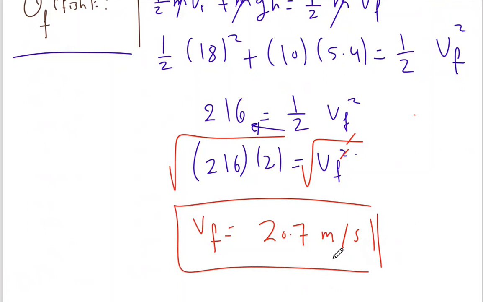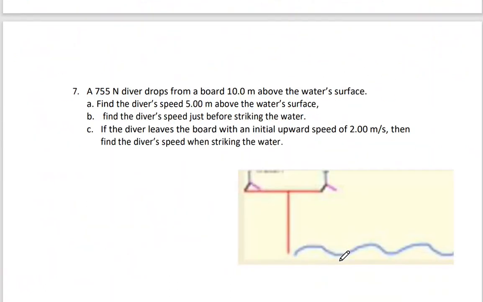Okay, now the last question I'm going to solve is this one. Here we have 755 newtons, diver. Newton is a unit of force. So this is the weight of this man, the weight of the diver, this man standing here on the board.